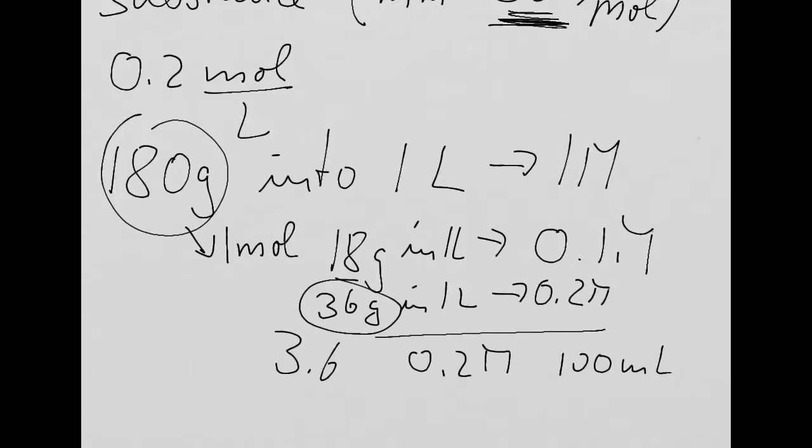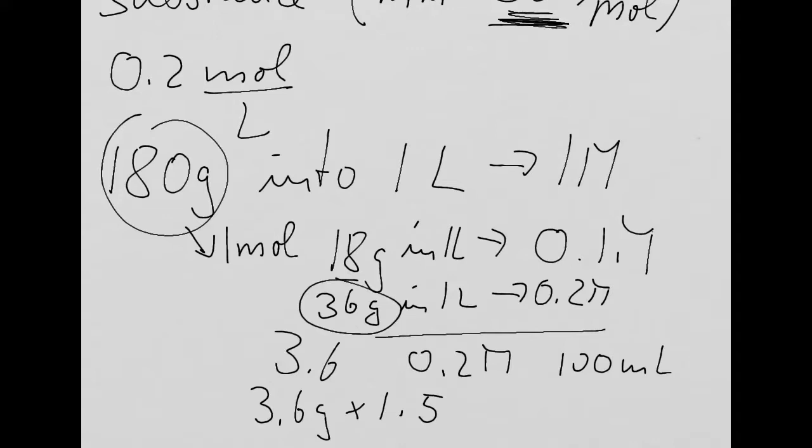Actually, I don't want 100 milliliter. I want 150 milliliter. Bugger it. Oh, yeah. What do I do? Well, it would be 3.6 times 1.5, wouldn't it, in this case? So it would be 3.6 grams times 1.5, and that is 5.4 grams.